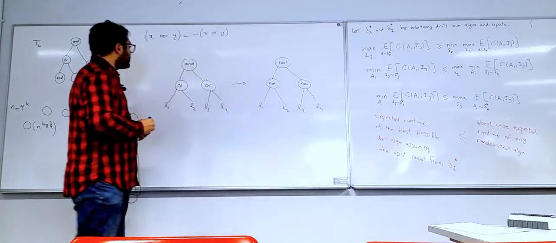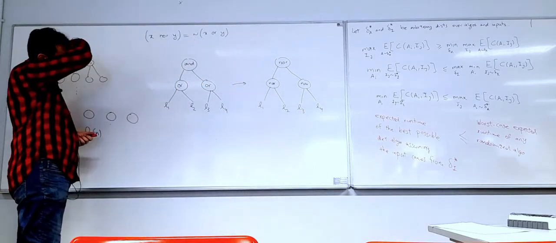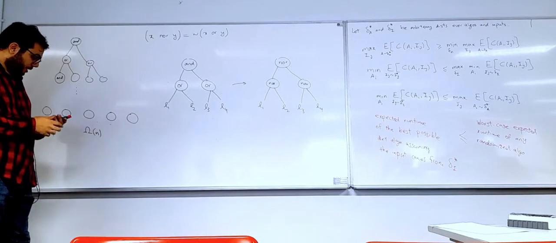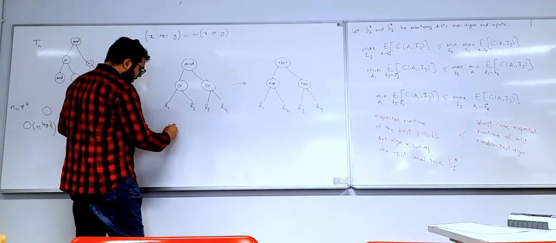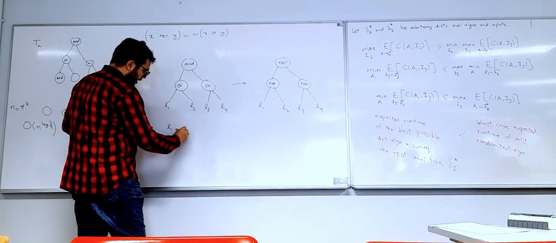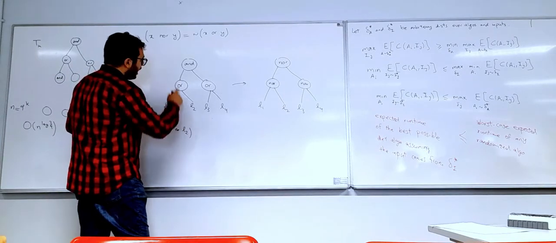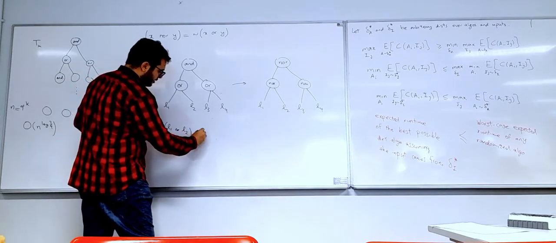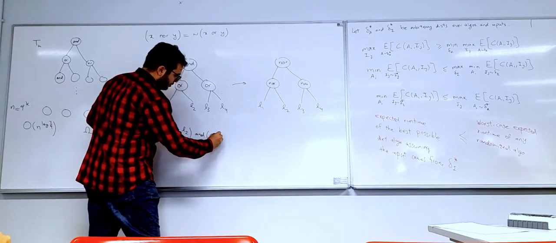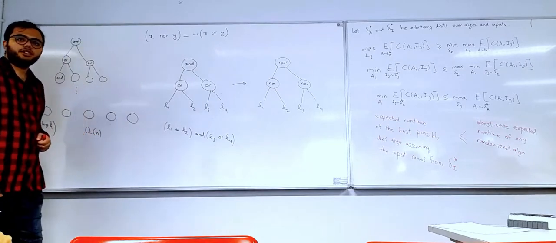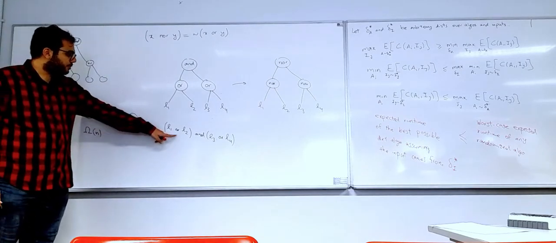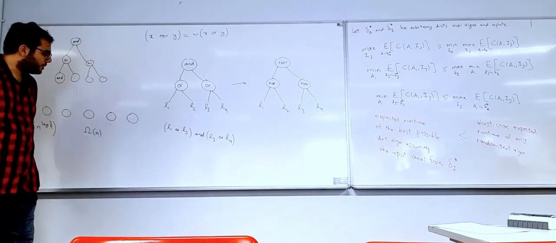And what I claim is that the value of the root does not change. Okay, so what is the value of the root here? It's L1 or L2 and L3 or L4. Okay, so I want to write this formula only using NOR.